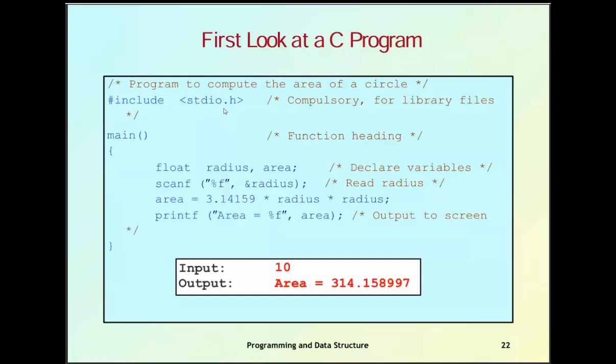Yes, sir. Okay. Now let us talk more about this. One question arises: how can you say that a particular thing is a function? As of now, I said scanf is a function, printf is a function. I haven't said that area is also a function.